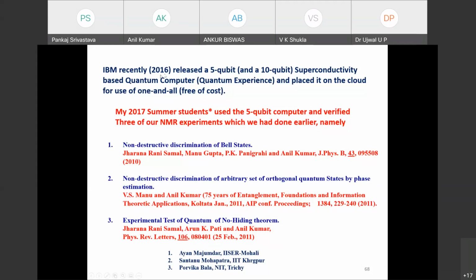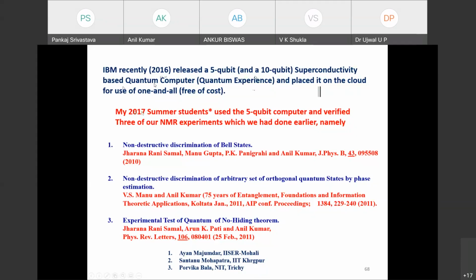My last graduate student graduated in 2014, and then I started taking summer students. And my 2017 summer students did these 3 experiments using the IBM superconducting based quantum computer.